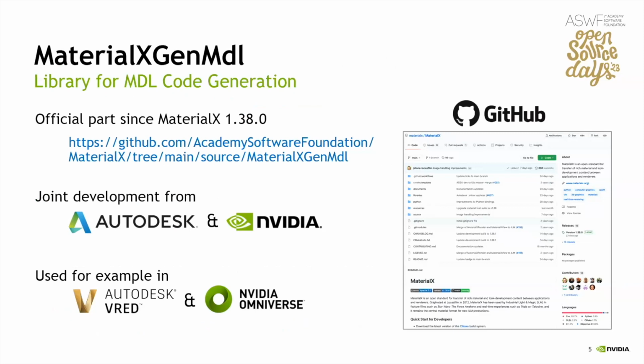The resulting library, called MaterialX Gen MDL, has been released as open source as well, and it's been available in the official MaterialX GitHub repo for a couple of releases now. It's already used in VRED and drives the MaterialX integration in NVIDIA Omniverse. We are the most complete open source implementation, and we are constantly working on improvements and updates, and a few of them I want to point out on the next slides.